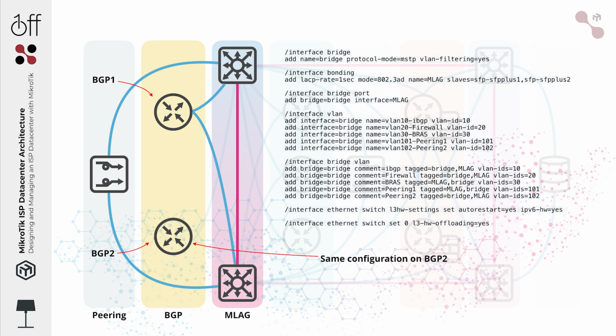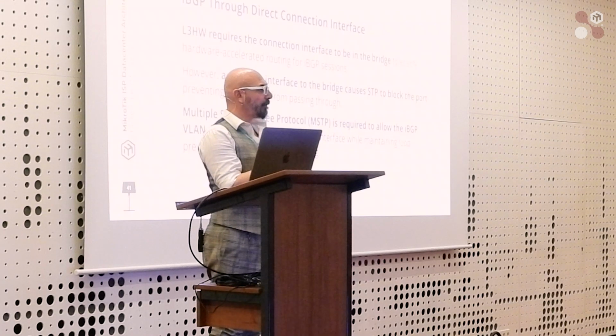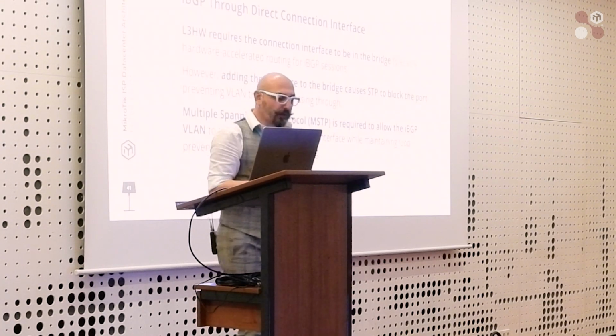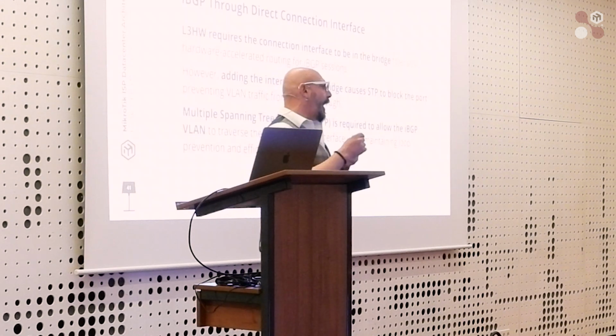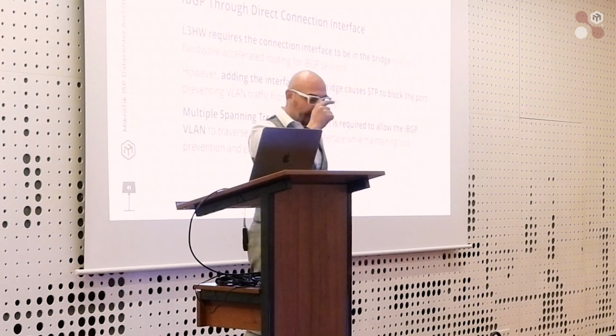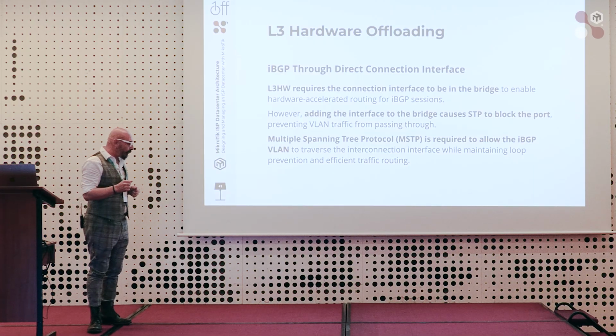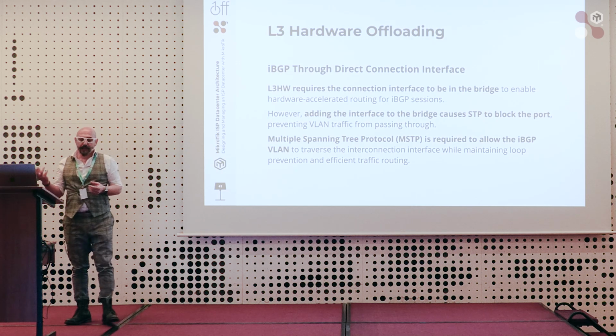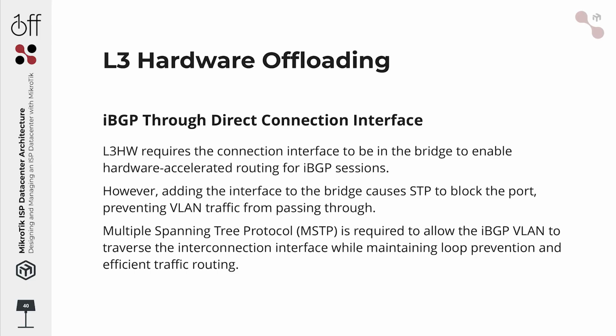And what about connecting the two BGP routers together? So if we want to establish an iBGP connection between the two routers directly connected, we cannot use a simple configuration because the MLAG switch acts as a root bridge. So the traffic will flow through the switches.